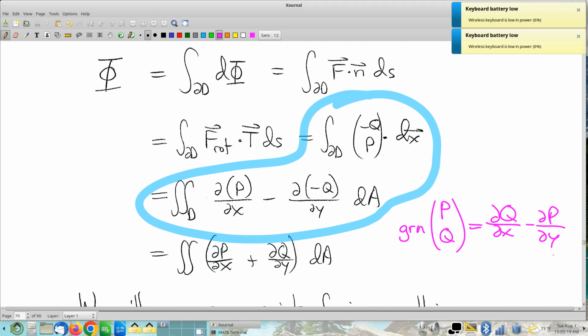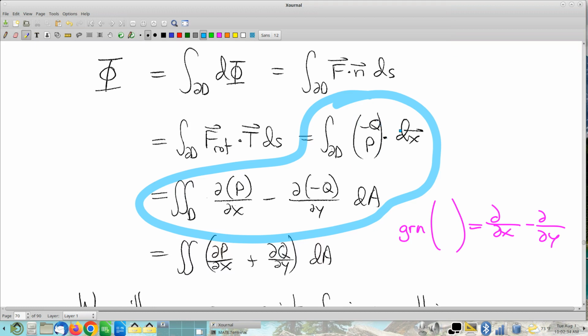But wait a minute, we're not applying Green's operator to (P, Q). We're applying Green's operator to this vector field right here, where the Q, the thing that is the second coordinate whose x partial I should be taking, is P. Right? And then, minus dP/dy.